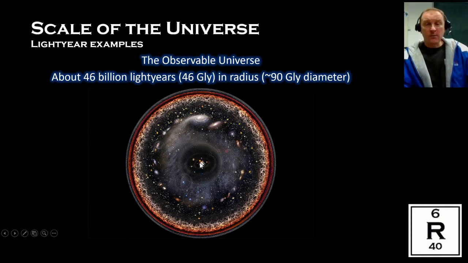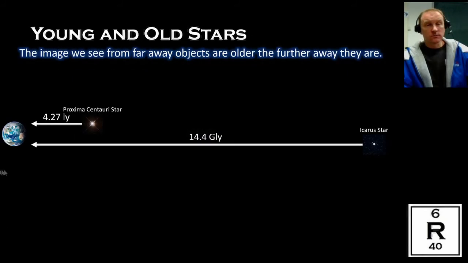Observing from where we are, we are at the center of what we can observe. We can see in different directions as far as about 46 gigalight years. Beyond 46 billion light years, we just don't see anything anymore.